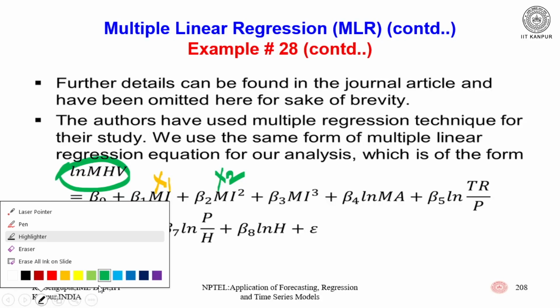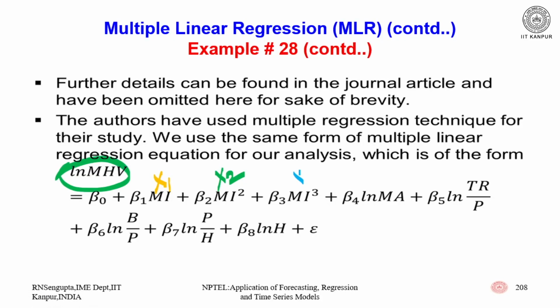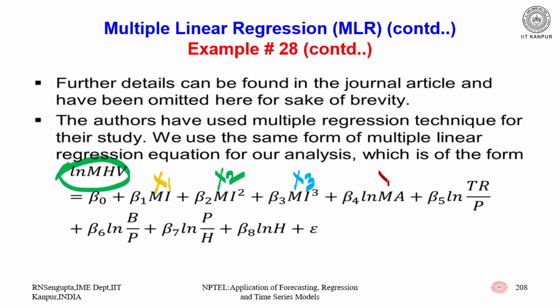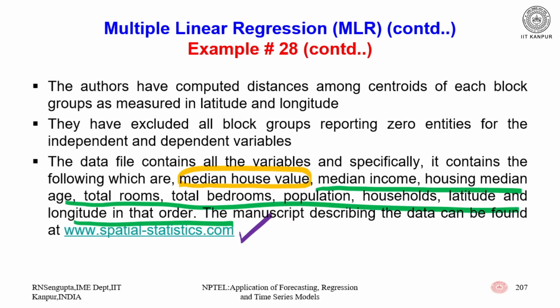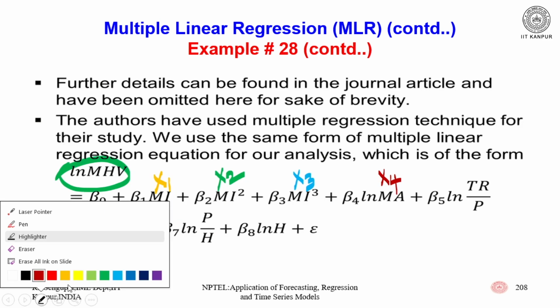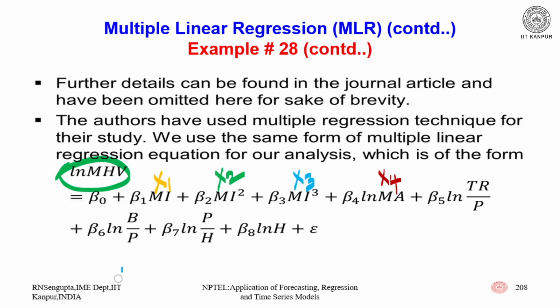The third random variable is x3, which is MI cube. The fourth random variable is given by ln of median, I think, let me go back, it is MA, median age. So, median age is given, then you have the total rooms by population given as x5, ln of that is also normal.